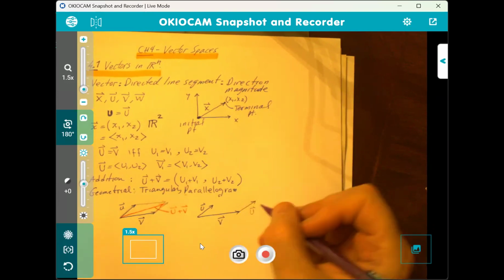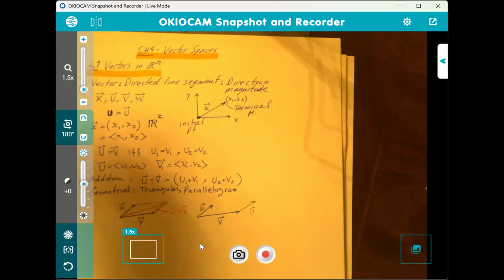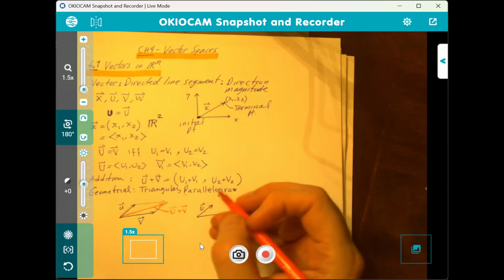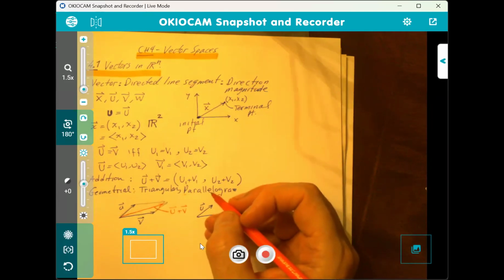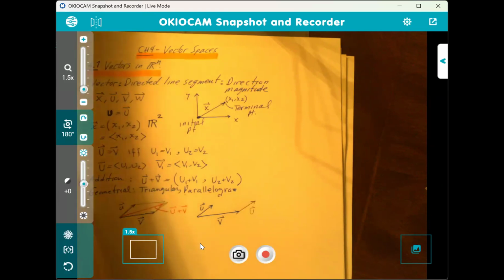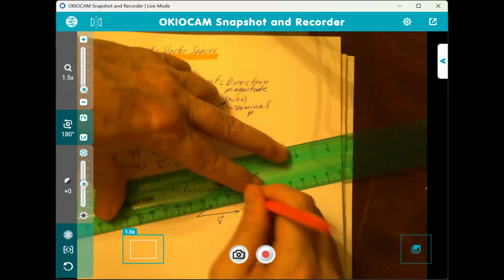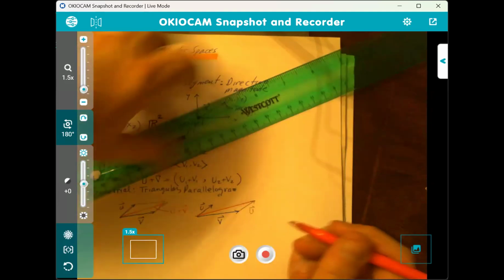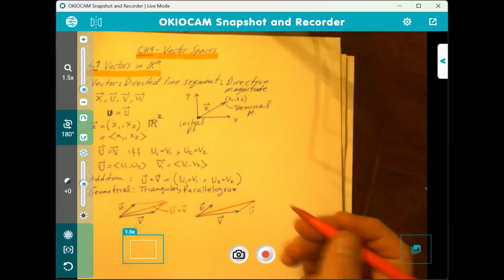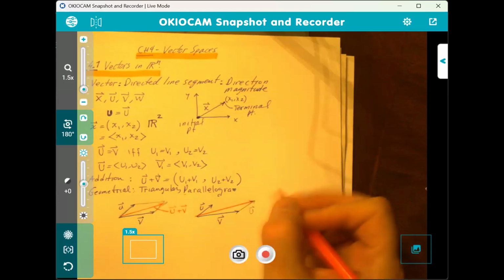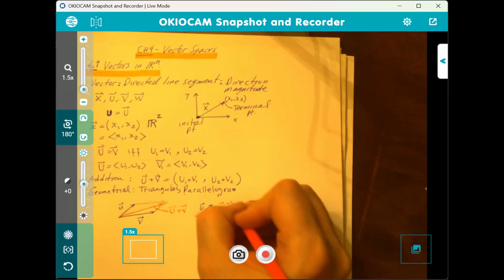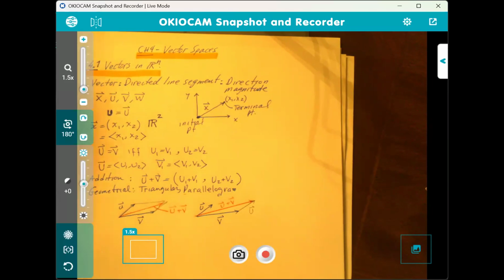Then I'm going to connect from u to v, and let me use my ruler here so I draw straight. And there you go. So that's going to be the sum vector. That is vector u plus vector v. Okay, so that would be the triangular method.